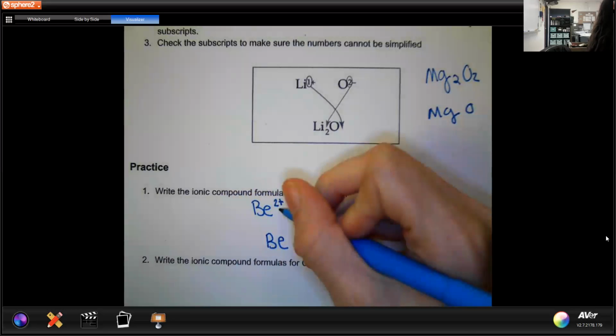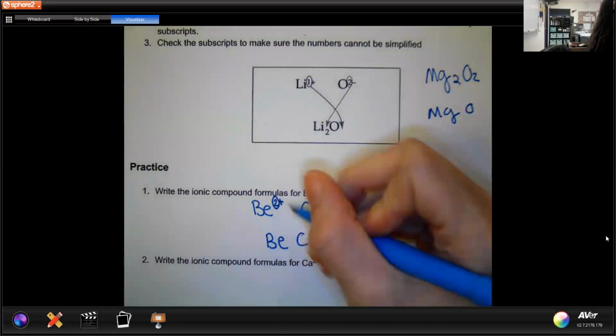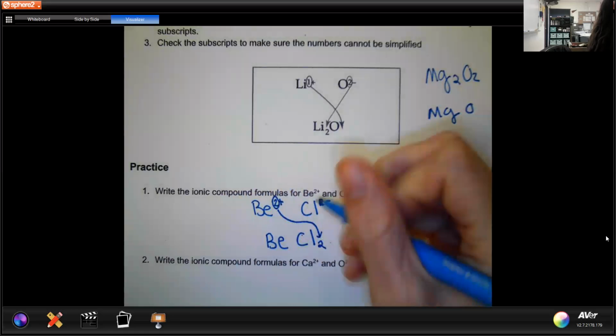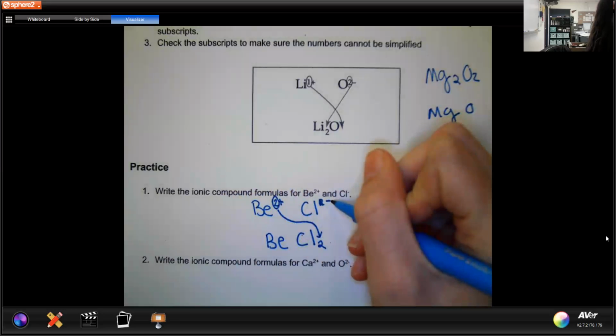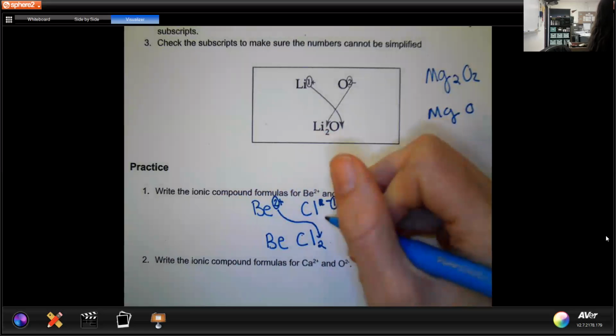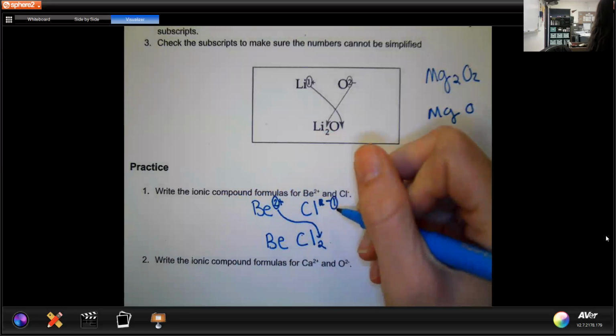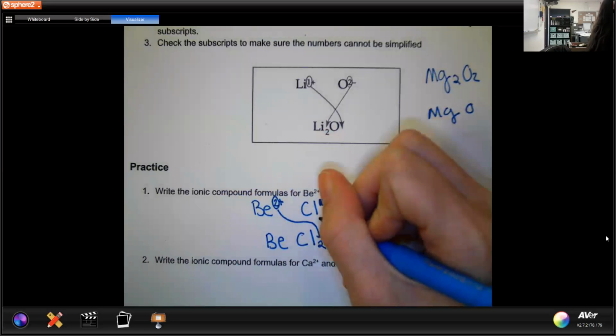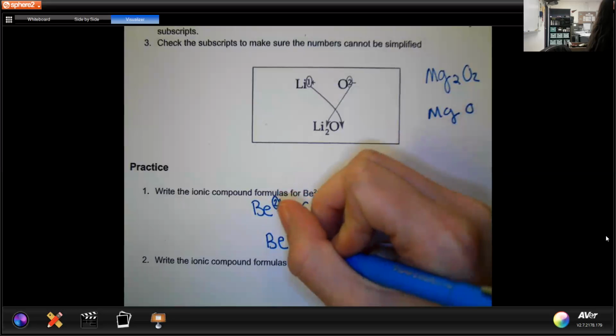And I'm switching. So I'm taking this 2 and I'm bringing it over here. So that's where my 2 goes. Now this just has a minus. If there's no number there, we automatically assume that it's 1. But chemists don't like to write numbers if they don't have to. So typically you'll just see it as a minus. So this one's going to cross over to here.